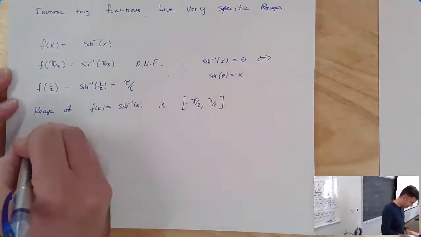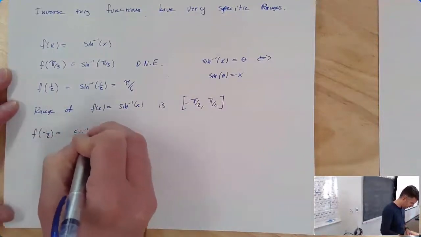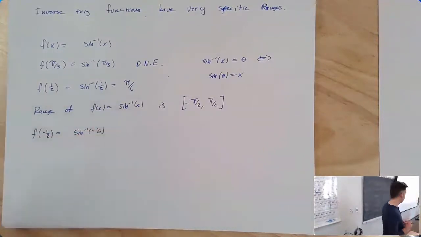So for example, if I wanted to find f of -1/2 equal to the inverse sine of -1/2, the answer is in quadrant 4, but it might not be the angle in quadrant 4 that you would usually think of. The answer is not 11 pi over 6.